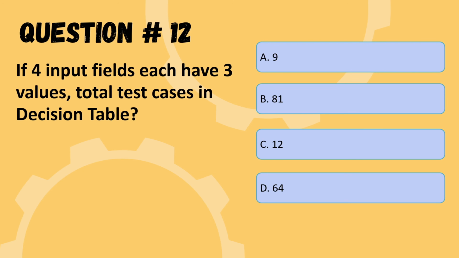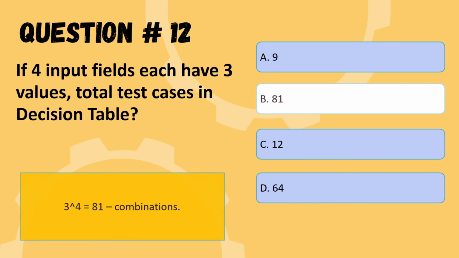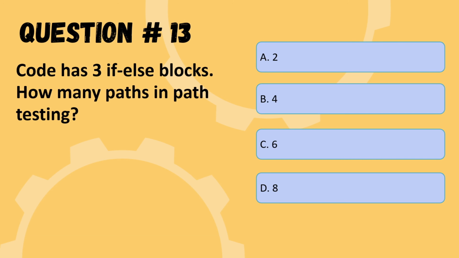Next question is, if 4 input fields each have 3 values, total test cases in decision table is? So the correct option is 81. So we are moving to the next question. Next question is, code has 3 if else blocks. How many paths in path testing? So the correct option is option D, 8.